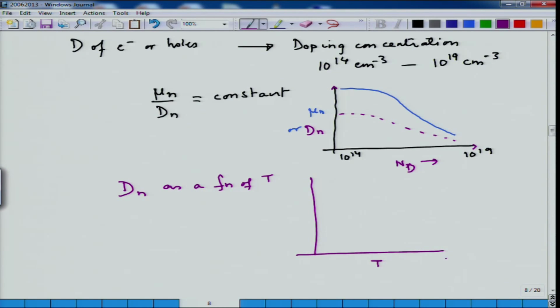If I plot temperature, in the range of -50 to 200, the mobility for low doping concentration, on the log scale, drops as the temperature increases, because as the temperature increases, you have more and more lattice scattering taking place, and the mobility drops fast, and this is for light doping.